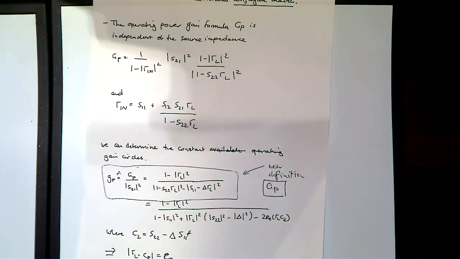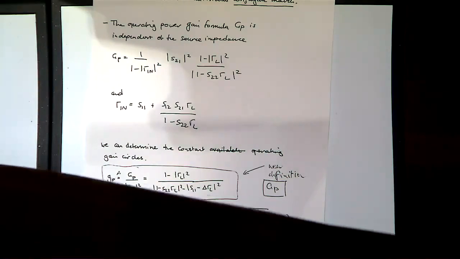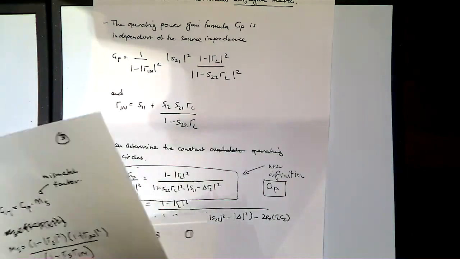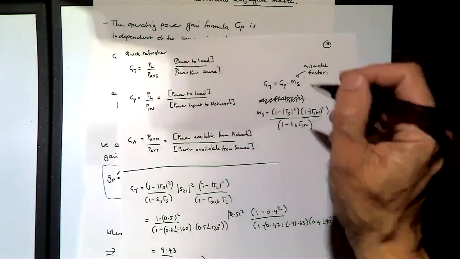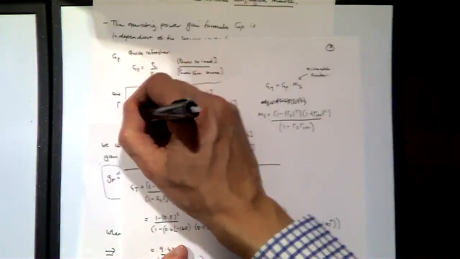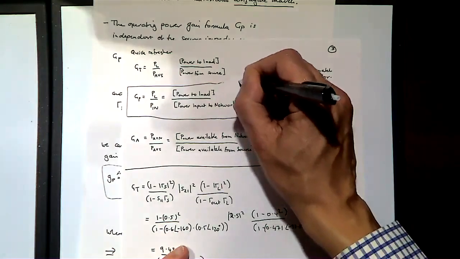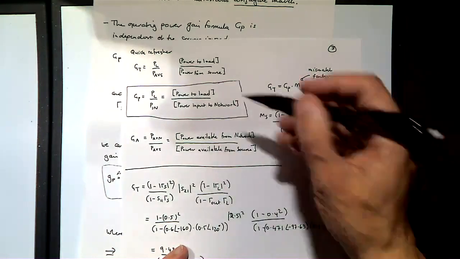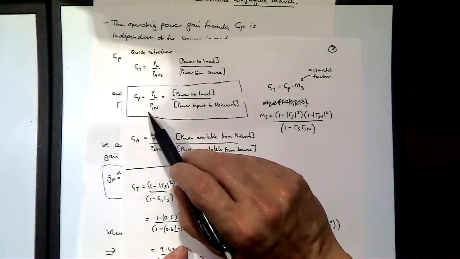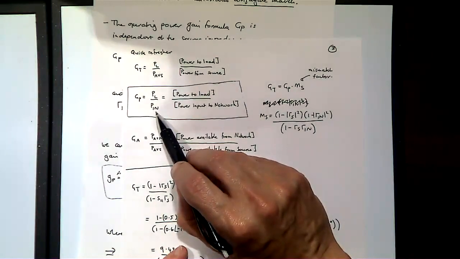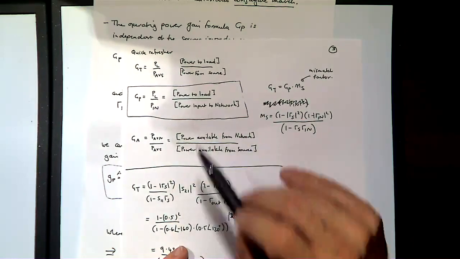Let me grab my notes so you can see that I'm not making all this up. So this is the GP that I'm talking about. It's the operating power gain, which is the power delivered to the load divided by the power input to the network.